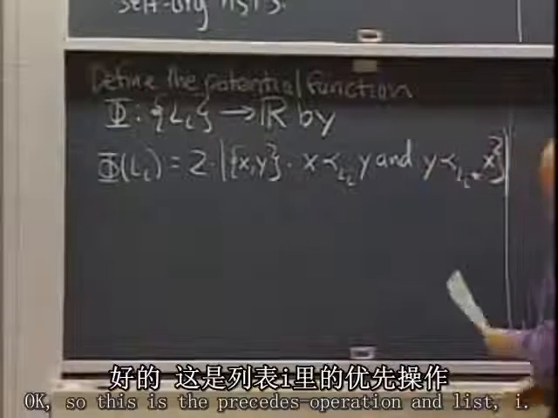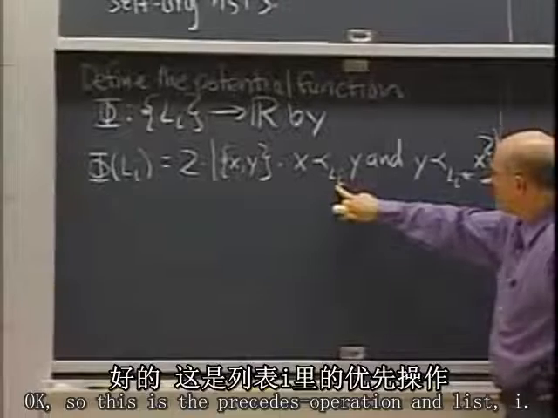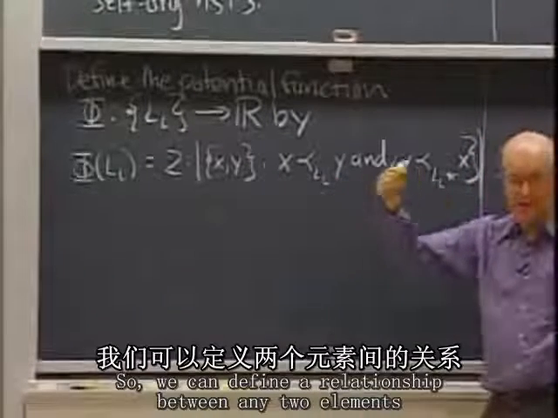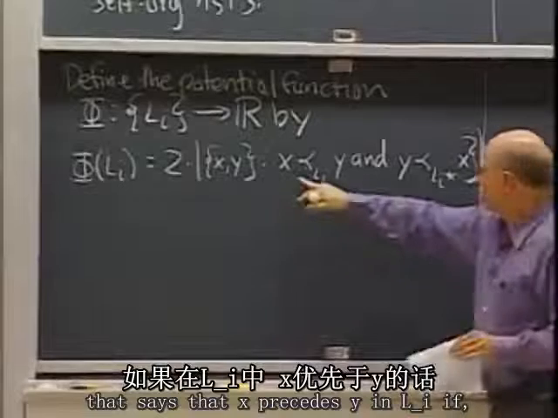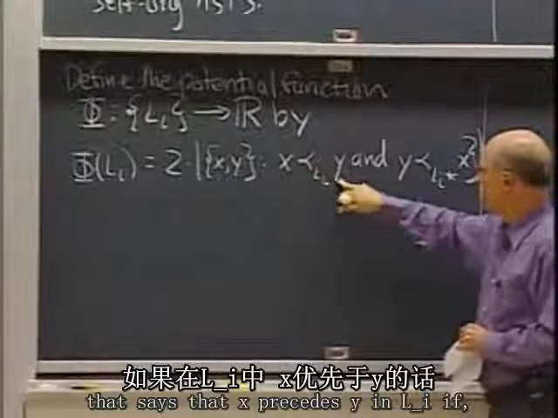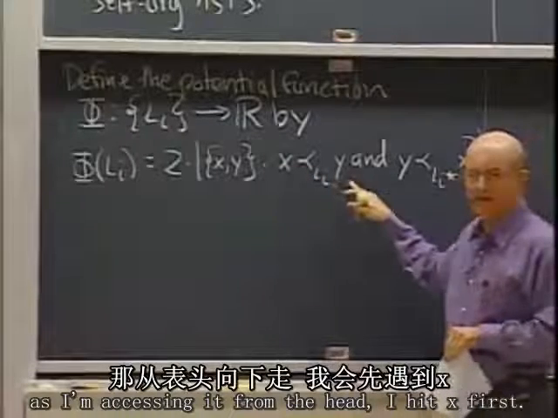Okay, so this is the precedes operation in list I. So you can define a relationship between any two elements that says that x precedes y in L sub I if, as I'm accessing it from the head, I hit x first.